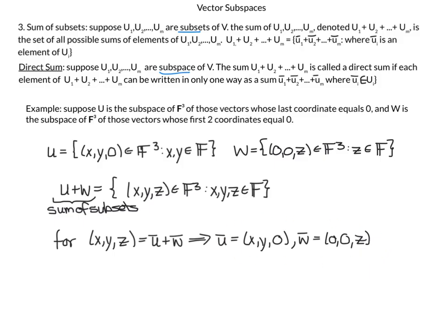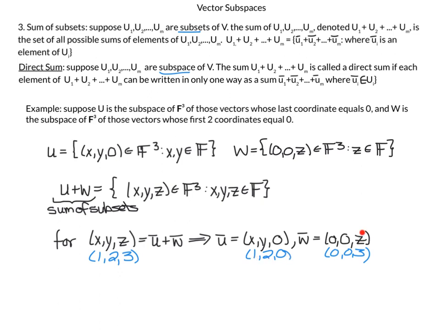There's no other vector that will give me this x, y, z, right? So for example, if someone gave me the vector 1, 2, 3, the U vector must have been 1, 2, 0, right? There's no other way that W could have contributed because it has zeros at the beginning. So it all had to come from U, and it's 1, 2, 0.